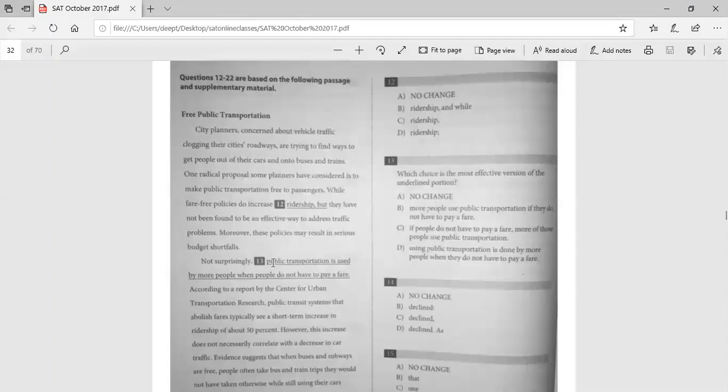Not surprisingly, something is used by more people, like transportation is used by more people, and people do not have to pay a fare. So not surprisingly, more people use public transportation if they do not have to pay a fare. So you see, should you be comparing people with people or should you be saying people are being compared with transport?